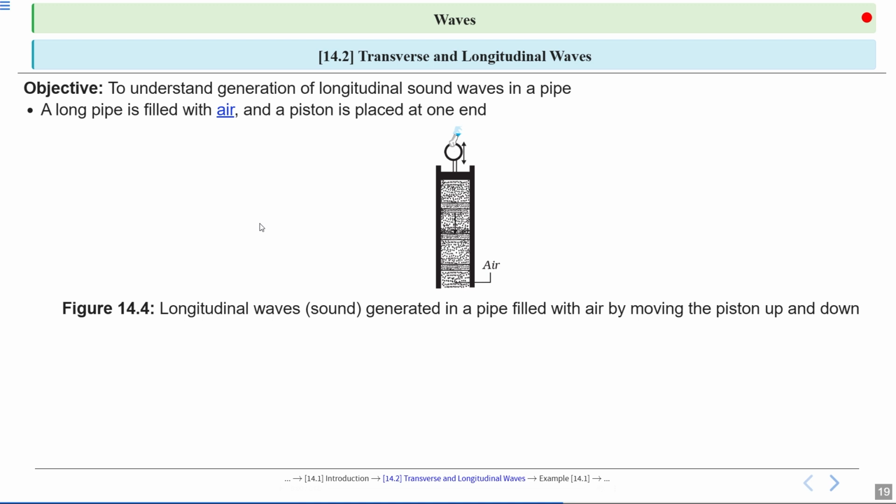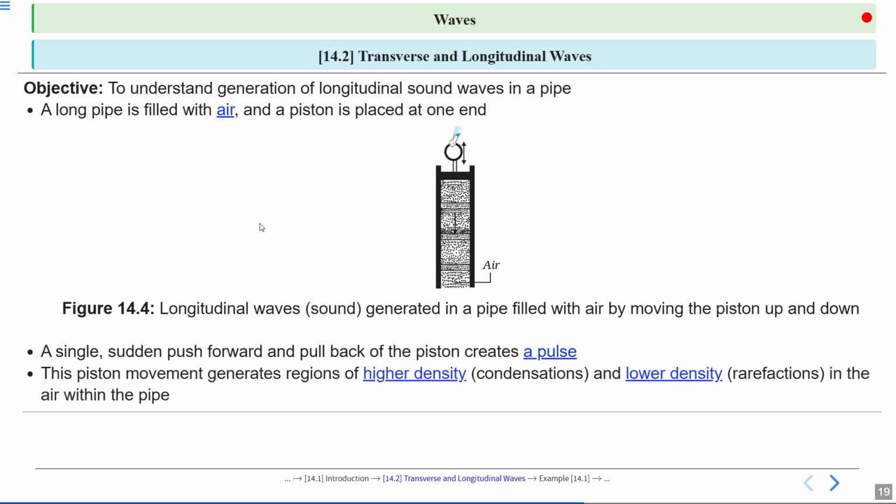Longitudinal sound waves are generated in a pipe filled with air by moving the piston up and down. Now, if we give the piston a quick push forward and then pull it back, we create what's called a pulse. This pulse is a single disturbance that travels through the air in the pipe.